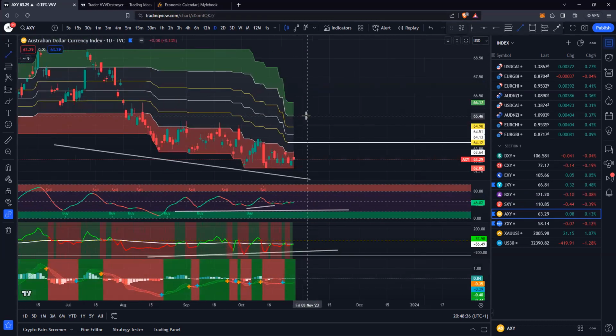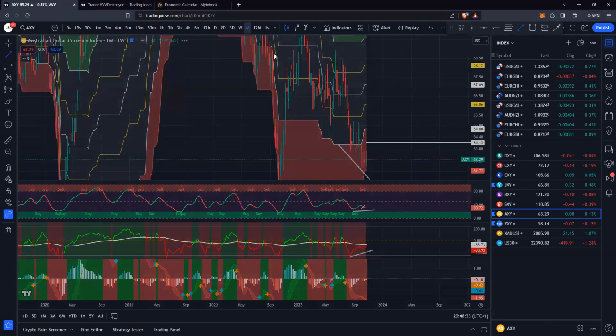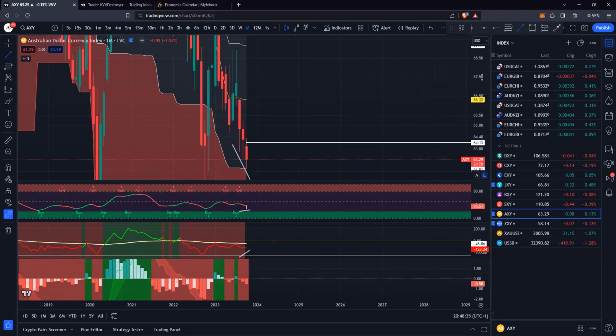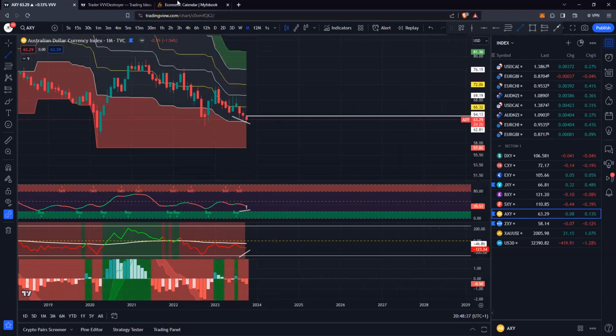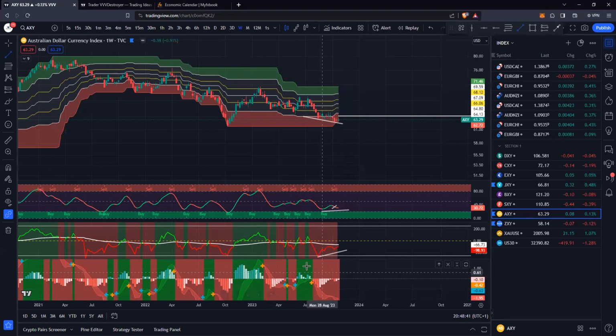Then we have the AXY, and the AXY something different because nothing really happened here. Like nothing happened. And monthly it's bearish, on weekly looks like this end of something, and there are a couple of divergences on the REMA.